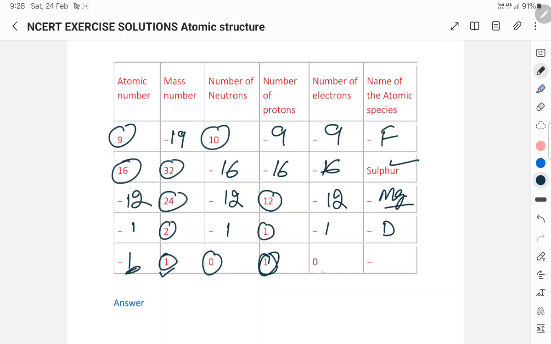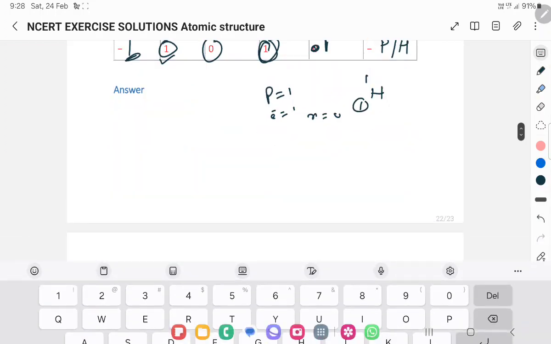And number of electrons is also 1 here. So this is protium, or normal hydrogen, right? This is 1H1, right? So this is atomic number 1. So proton is 1, electron is 1, and neutron is 0, right? So this is complete answer.